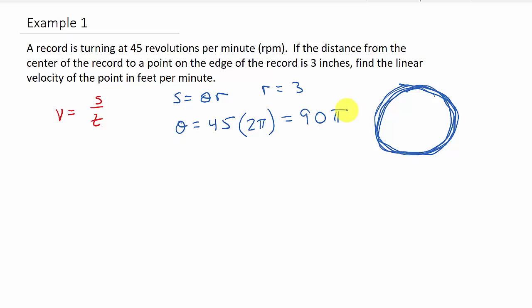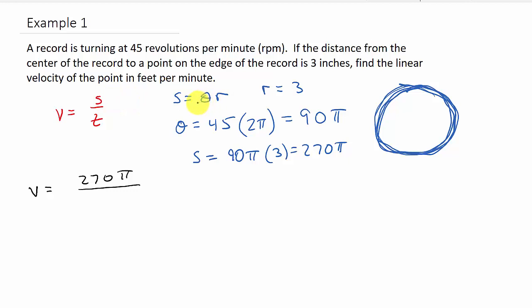All right, so now let's just go ahead and get S, because we need S for our formula. So S is theta times R, so 90 pi times 3, which is 270 pi. So now let's plug this in. I get my linear velocity is S, which is 270 pi. And remember, all S is the arc length.